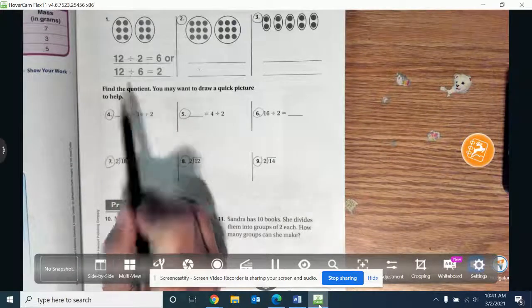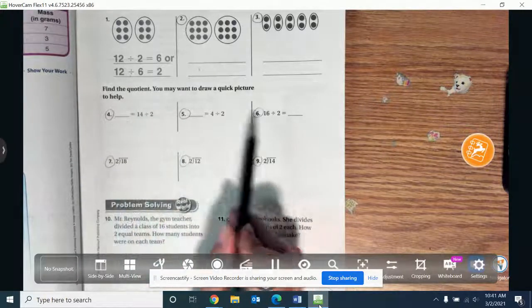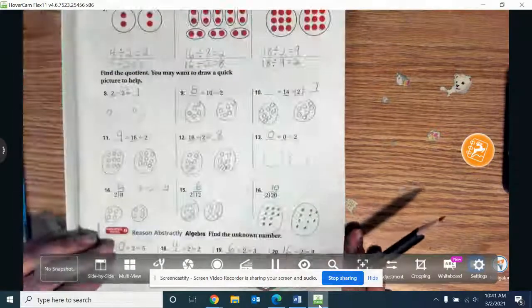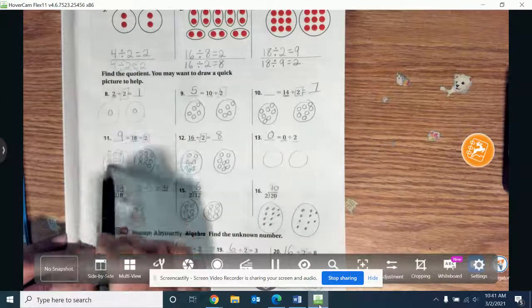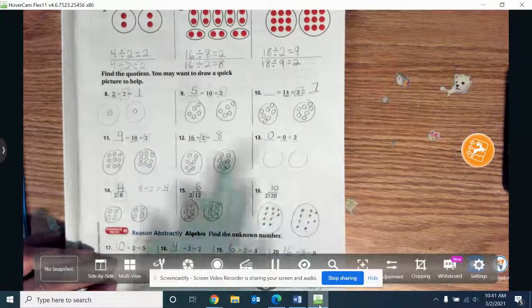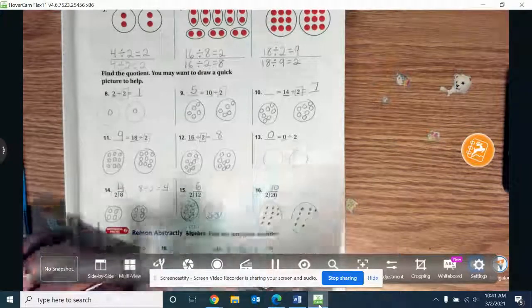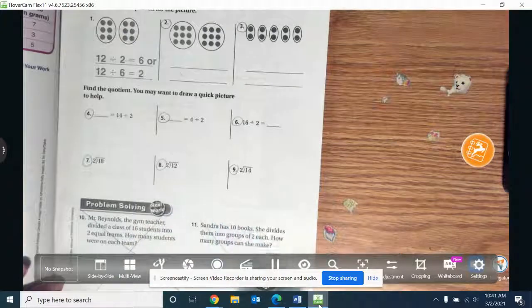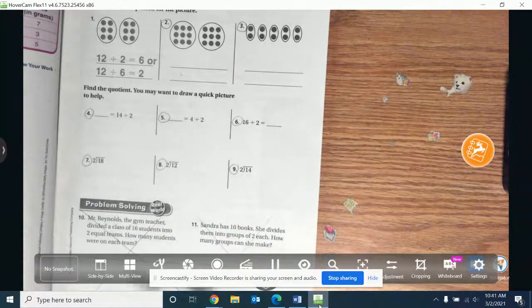Find the quotient. For these numbers, you're going to do the same activity as we did here in the middle. So make sure you look back at our classwork. And you don't have to do number 10, and you don't have to do number 11.